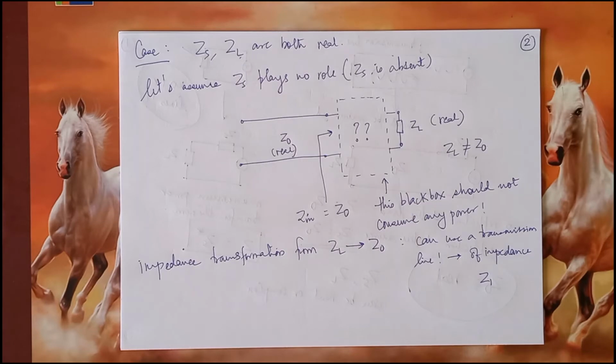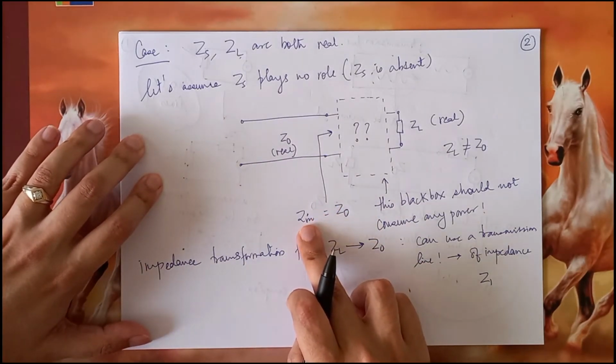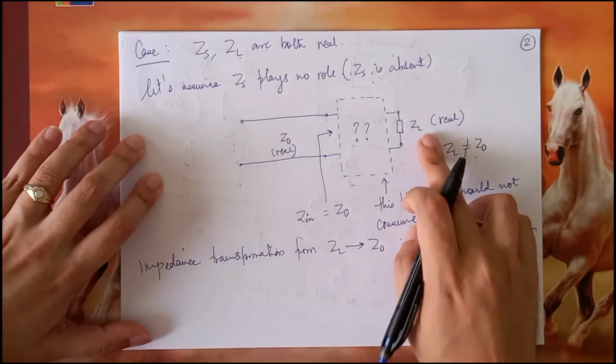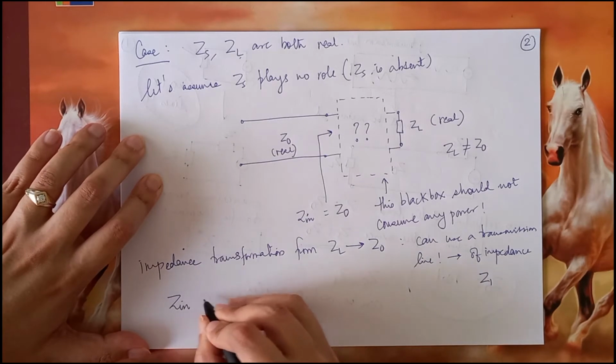So therefore, if the impedance on the left side is Zin, which will be equal to Z0, and the right hand side is ZL, then the impedance transformation relationship can be applied.